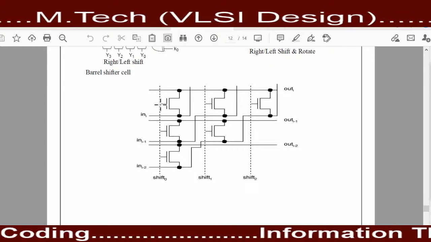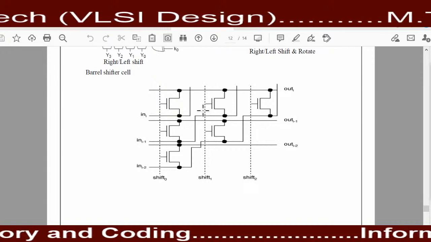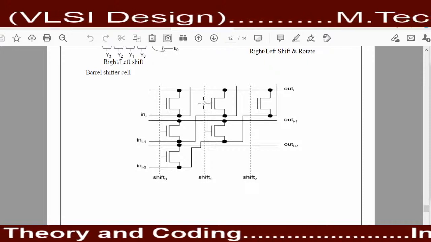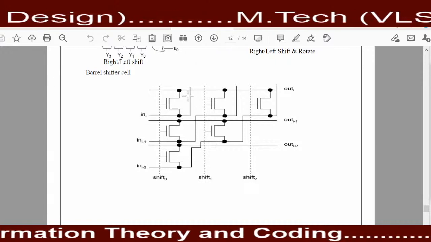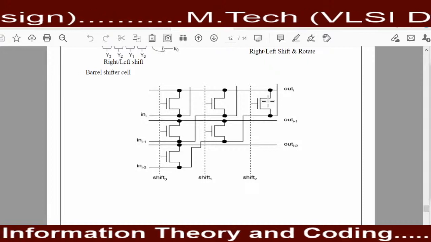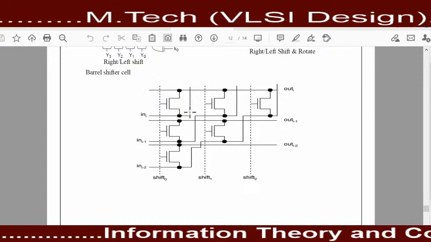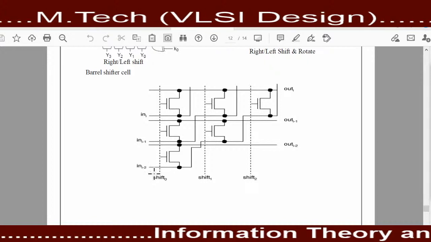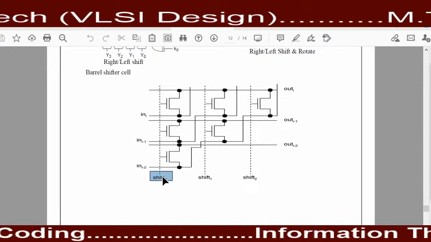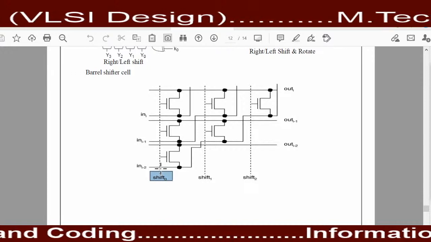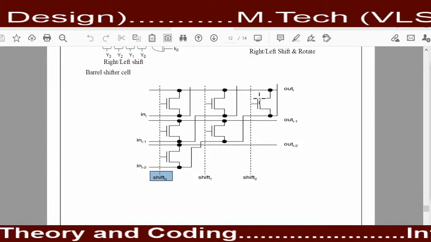When the input of this gate terminal is 1, this input is shifted. Suppose I don't want to shift my data, it means I want shift 0. At that time I will provide the input of the shift 0 terminal as 1, and the shift 1 and shift 2 inputs as 0.